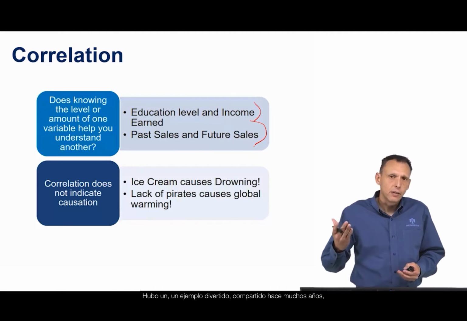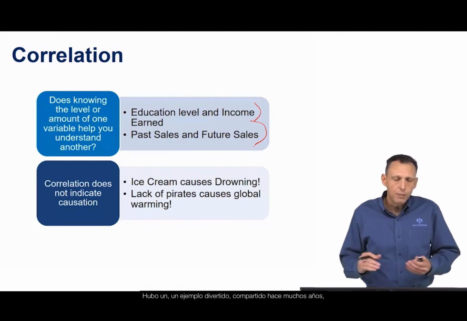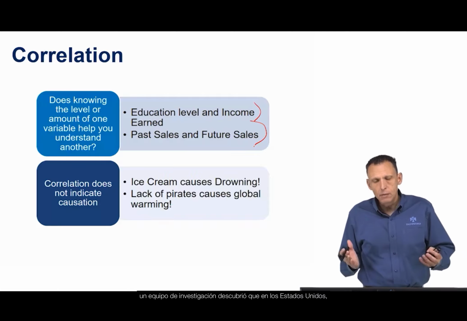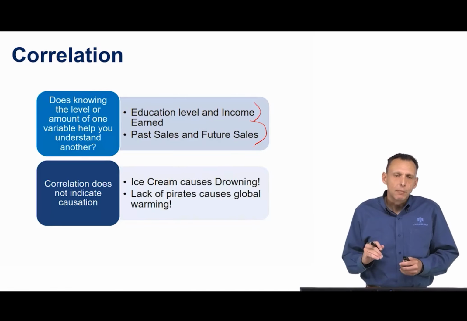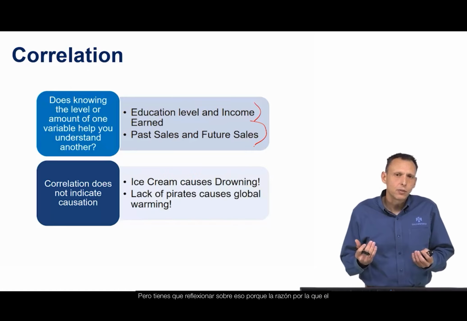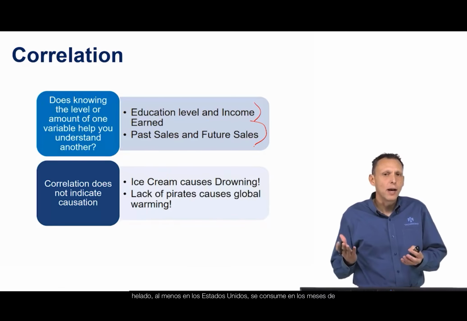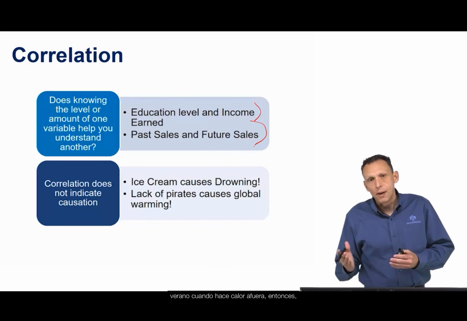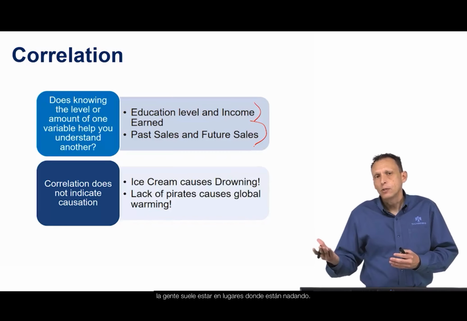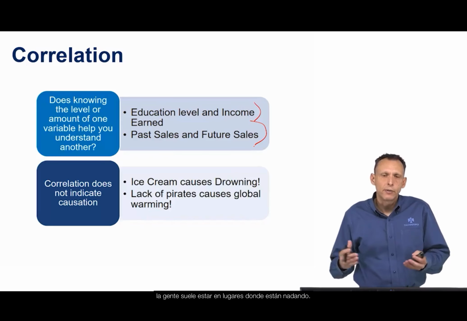There was a funny example shared many years ago. A research team found that in the United States, ice cream causes drowning. That was the headline in the newspaper. But you have to reflect on that, because the reason why ice cream, at least in the US, is consumed in the summer months when it's warm outside, then people are typically in places where they're swimming.